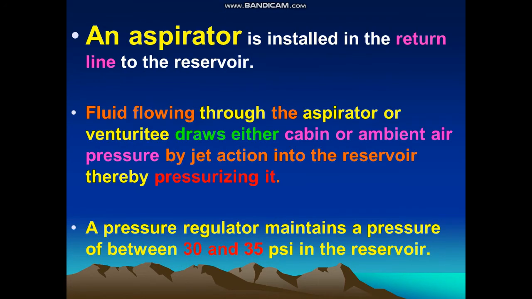An aspirator is installed in the return line to the reservoir. Fluid flowing through the aspirator, or venturi, draws either cabin or ambient air pressure by jet action into the reservoir, thereby pressurizing it.